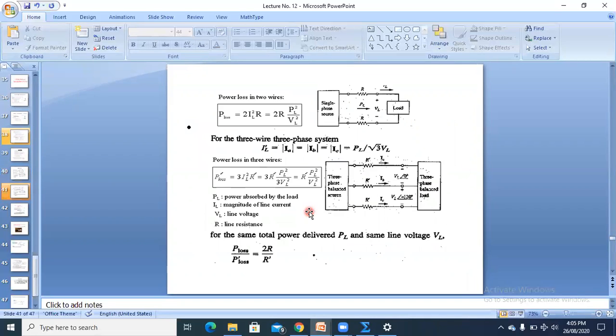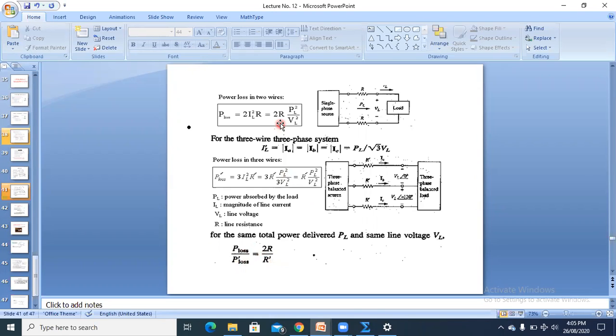Now we take the ratio of the two losses, and the ratio of these two losses is 2R by R dash.